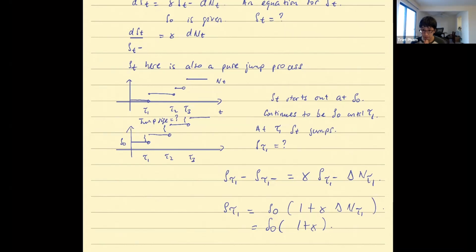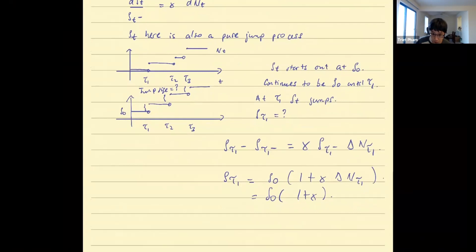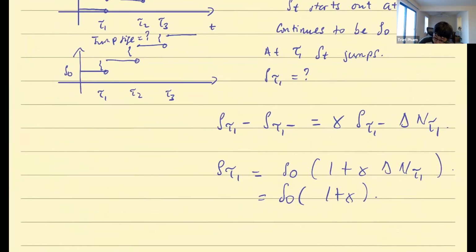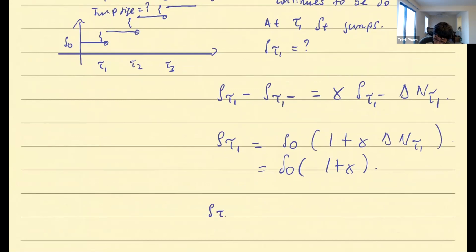Are we okay? So we know what this value is. Then you see the story just continues. Just figure out our next value. So what is S tau 2 then? I hope it's clear that it stays the same in between, and then it jumps.